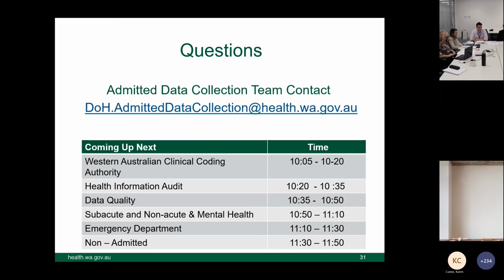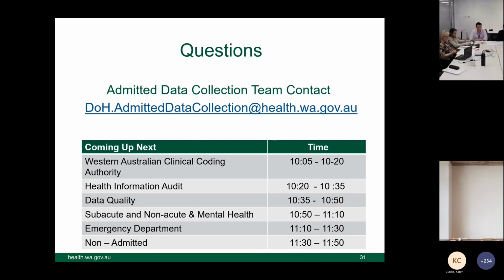Say, for example, if someone in North Metro was working on a project and they needed to know how many people had their appendix out last year in WA, they'd be able to go into the master file and see all appendectomies performed in North Metro, South Metro, East, etc.